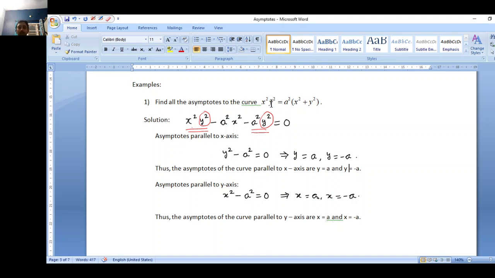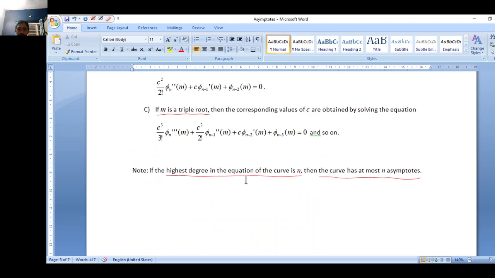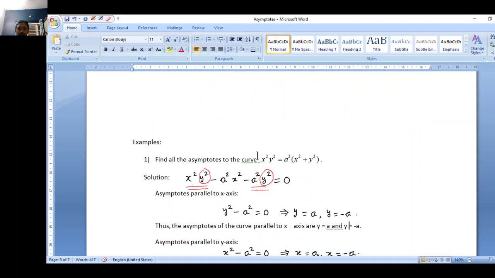But before that, I would like to recall the note that I gave you before we started off with the problems. As you can see here, if the highest degree in the equation of the curve is n, then the curve has at most n asymptotes. So if you look at the equation as a whole and at the degrees of each of these terms, when I'm talking about the degree now, I'm talking about the degree of both x and y put together.